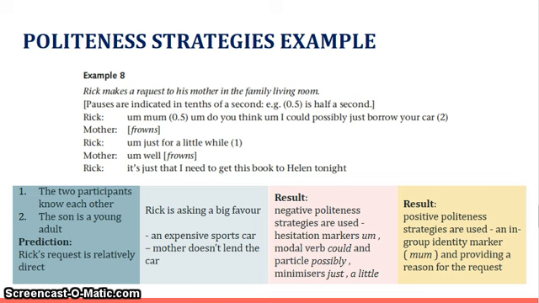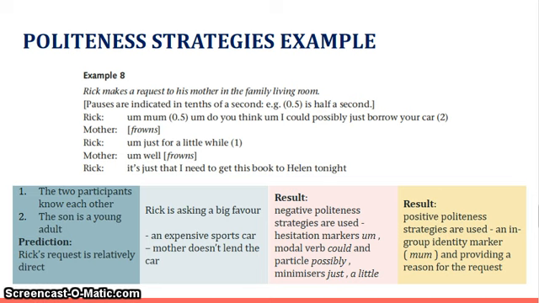Well, the two participants here actually know each other. And the son is a young adult, which causes Rick's request to be relatively direct. Rick is actually asking a big favor from his mother in order to borrow her expensive sports car, and there is a possibility that his mother will not lend the car.